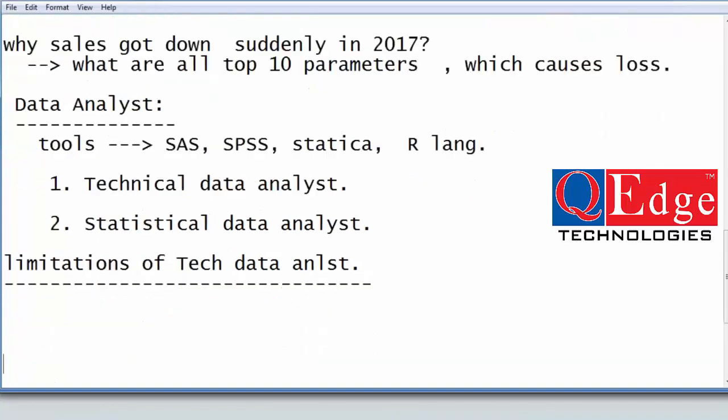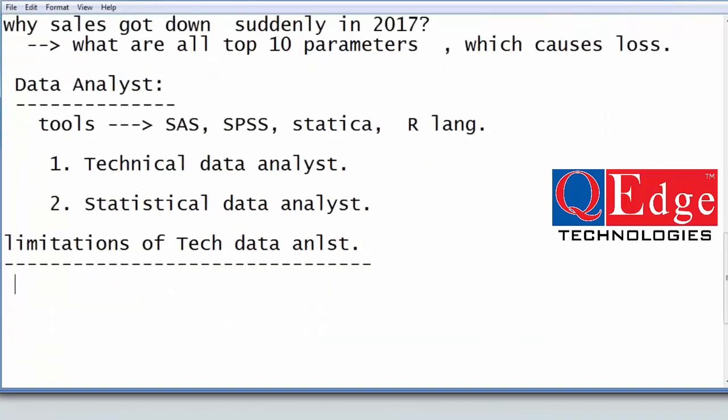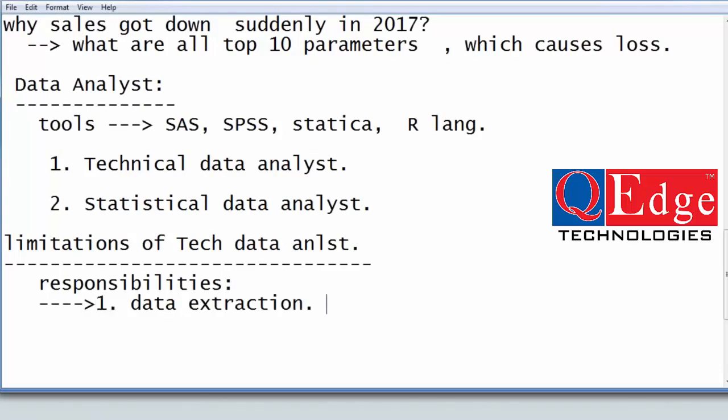Just observe, sir. One of the major responsibilities here is data extraction. From the data extraction point of view, we will discuss what kind of problems you will be facing. The next important role here is data cleansing. I am not saying the word data cleaning, but data cleansing.